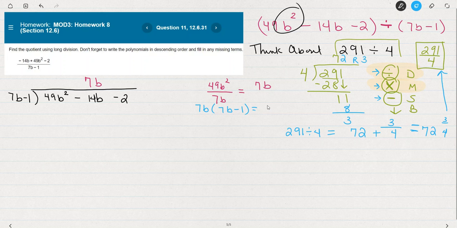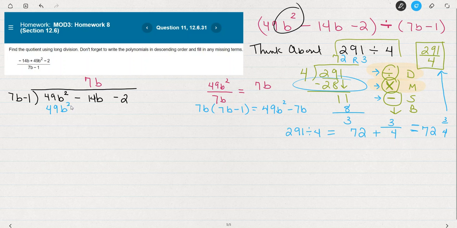When I distribute that, 7b times 7b is 49b squared. And then 7b times negative 1 is negative 7b. So I'm going to write that product here just like I wrote this 28 here, right?